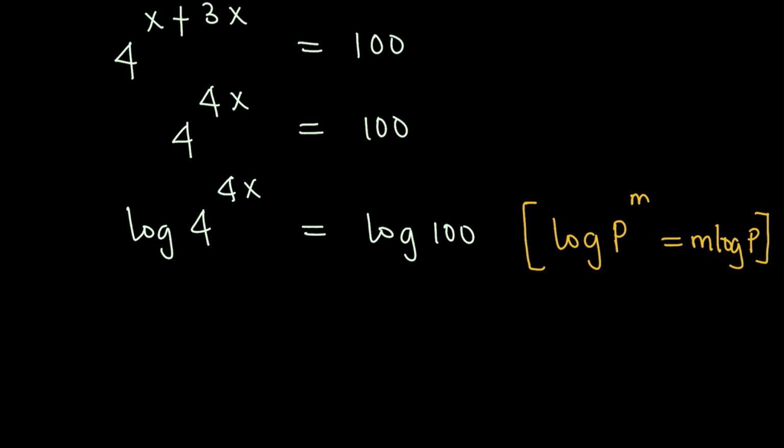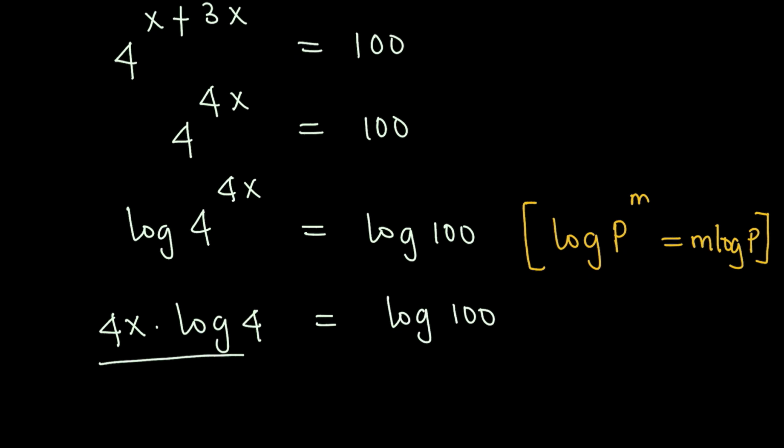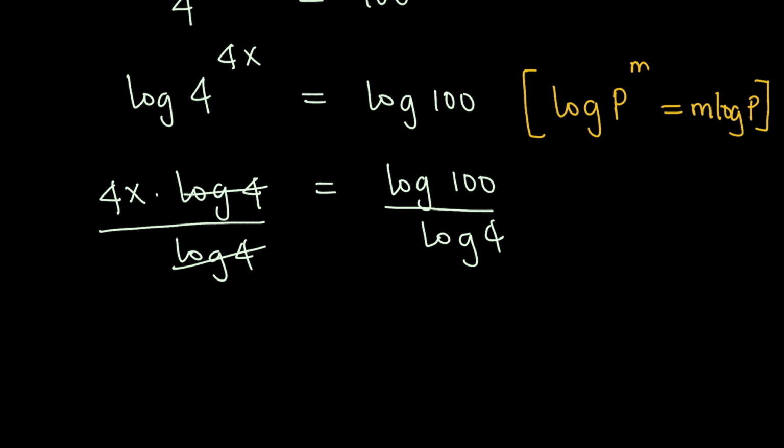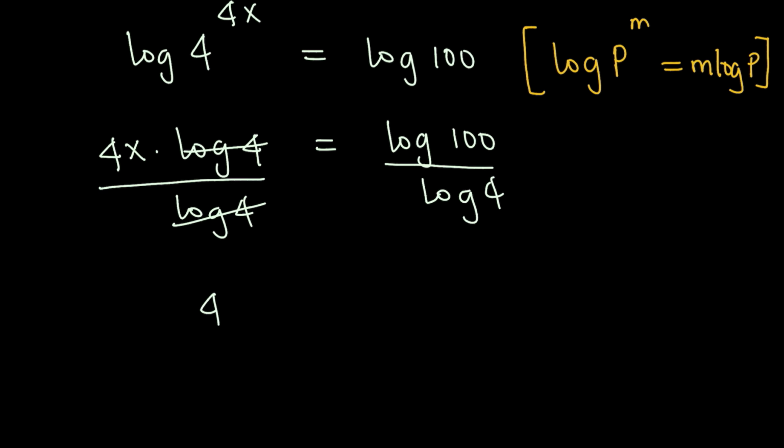So we would have 4x times log 4 is equal to log 100. We can divide by log 4 on both sides. This removes this. So 4x is equal to log 100 over log 4.